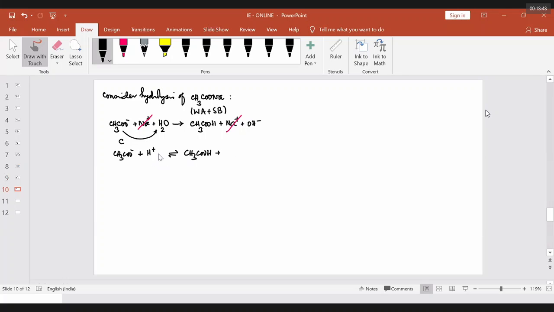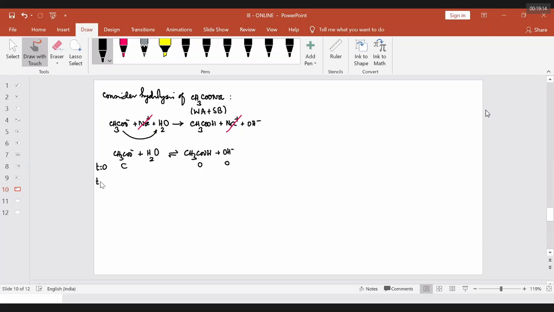This OH minus ion is coming from water, so I write water here so that you can understand properly, to give OH minus ion. At time t equal to 0, concentration of salt is taken as C. If it is so, then this is 0. This is 0. Be careful.